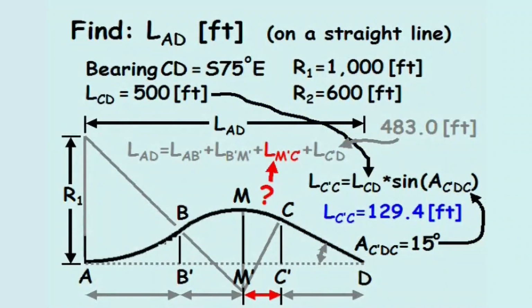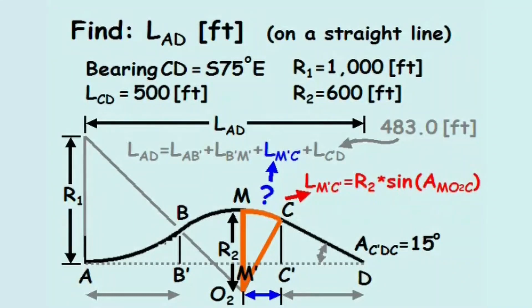We'll assign the point O2 to the center of the second curve and analyze the slice of the second curve swept out from point M to point C. The length of segment M prime C prime equals the radius of the second curve times the sine of angle MO2C. The problem states R2 equals 600 feet. Point M is positioned at the northernmost point of curve 2.